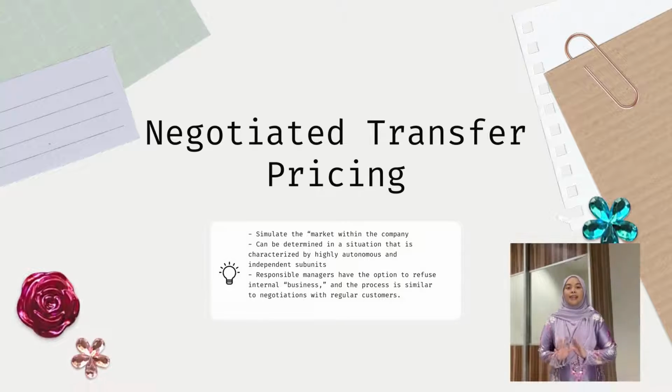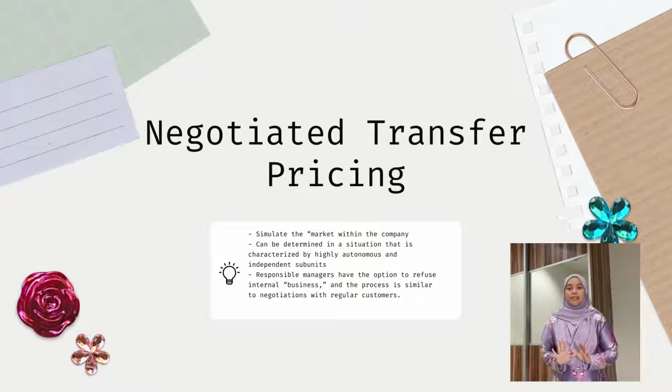The third and last type of transfer price is negotiated transfer price. Companies can determine transfer prices by way of negotiation. Negotiated transfer prices simulate the market within the company.